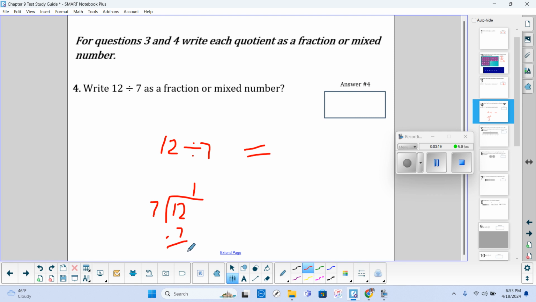My remainder is 5, so it's 1 with a remainder of 5, better known as 1 and 5/7. So this one is a mixed number, which makes sense because 12 is being divided by 7, meaning it's going to be a fraction greater than 1.